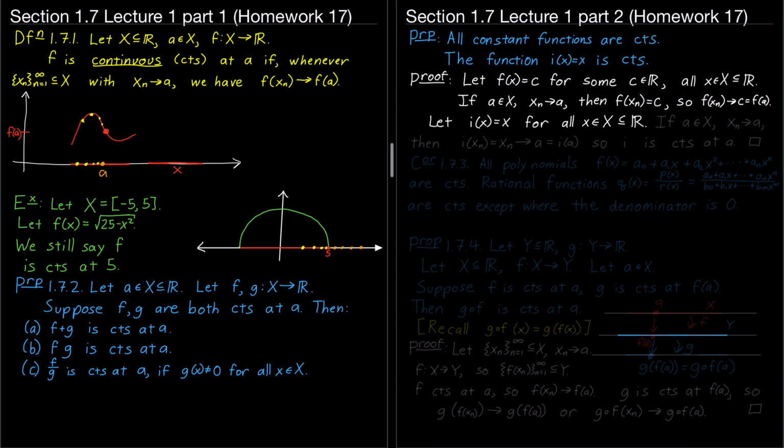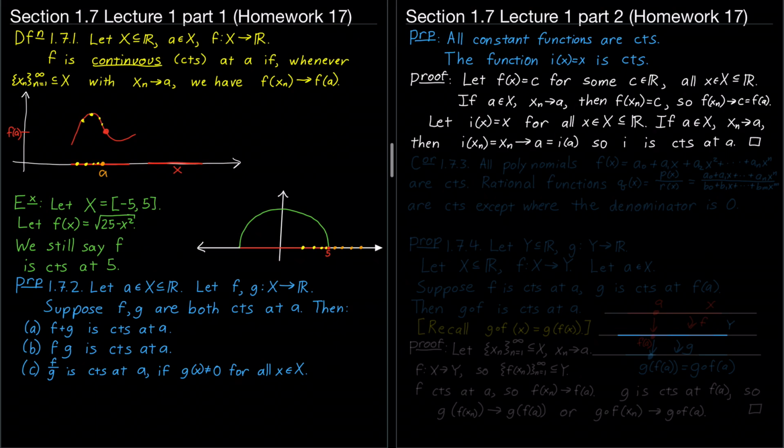And then if A is in X and xn converges to A, then I of xn, which is equal to xn, then that, of course, is converging to A, also known as I of A. So our identity function I is continuous at A.